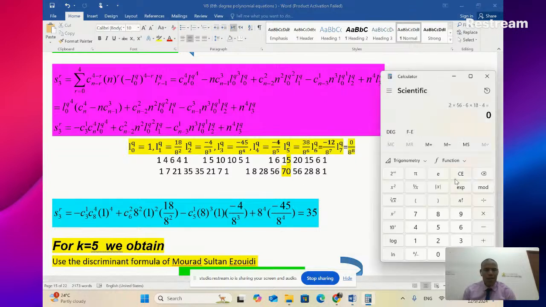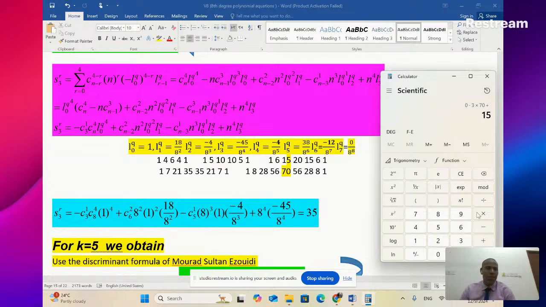So I will just write here, learners, exactly negative 3 multiply by 8 choose 4, which means 70. Multiply by 70. Multiply by 1, no need to write 1. Plus 6 choose 2, which is 15, times 1 squared times 8 squared divided by 8 squared is 1, times 18.